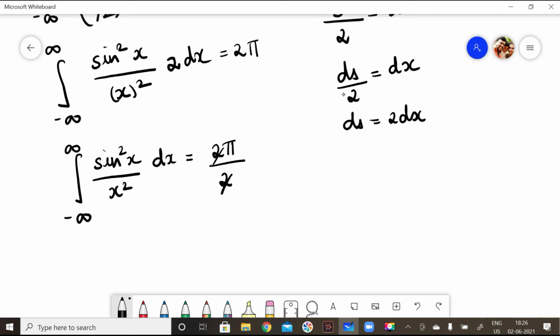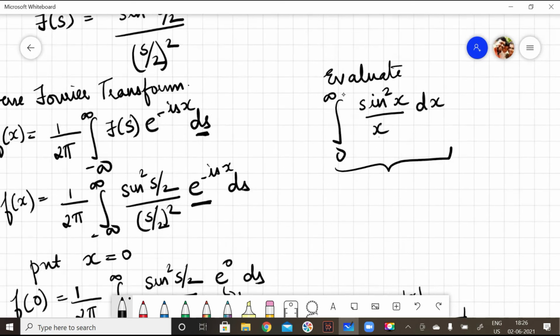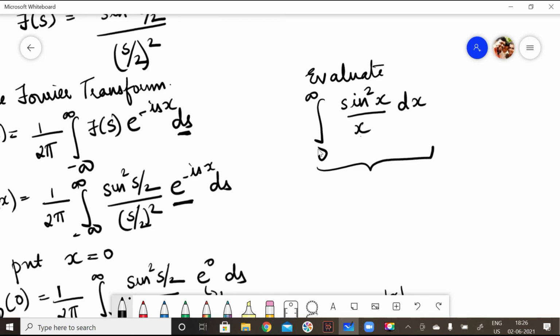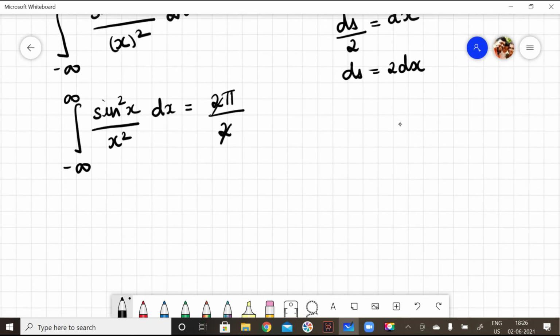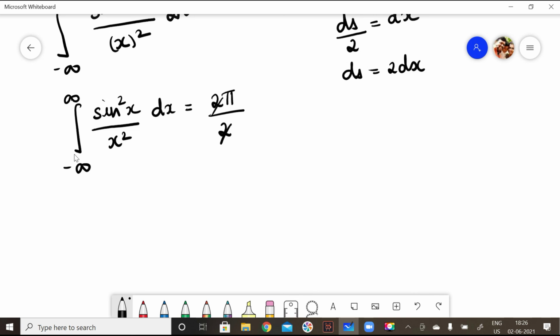Okay, so now what should I evaluate? The integral from 0 to infinity of sine square x by x square, I'm sorry, it is x square. Sine square x by x square dx. The integral is from 0 to infinity, but here I have minus infinity to infinity. So when I have minus infinity to infinity, I will check whether the function is even or odd.